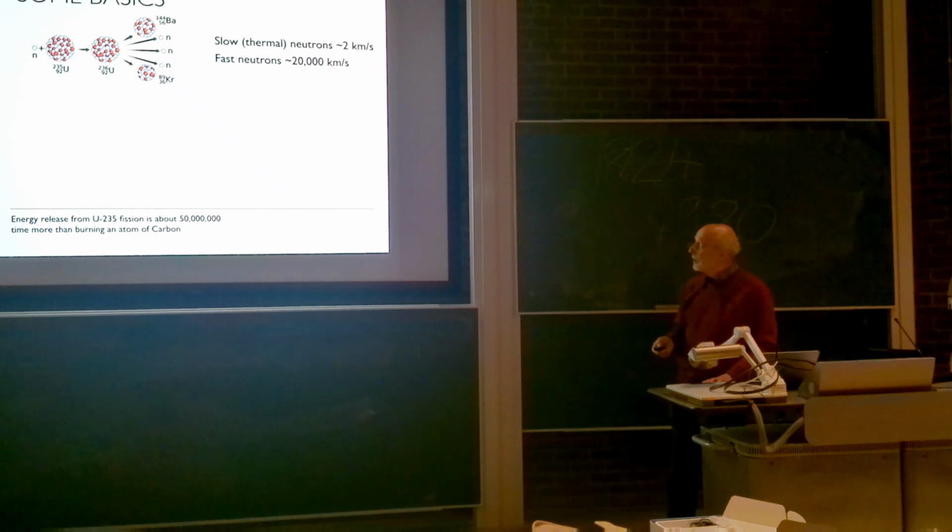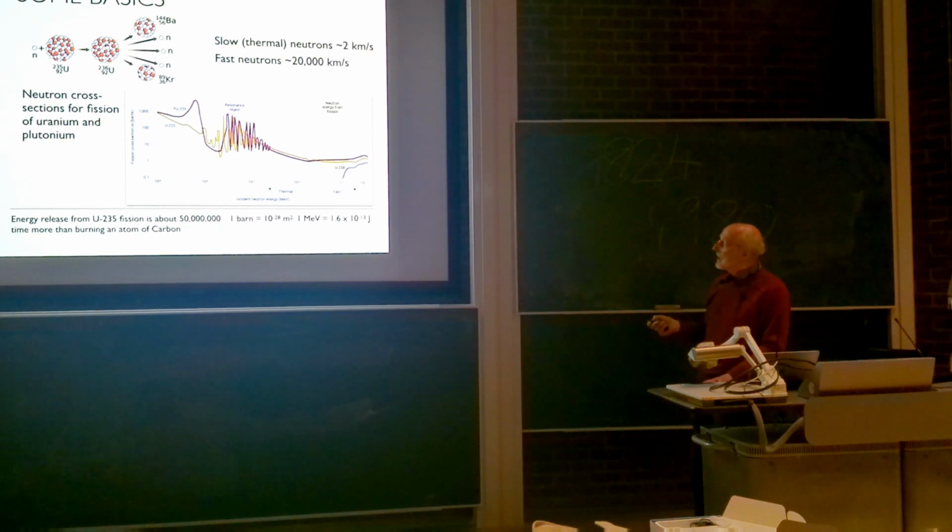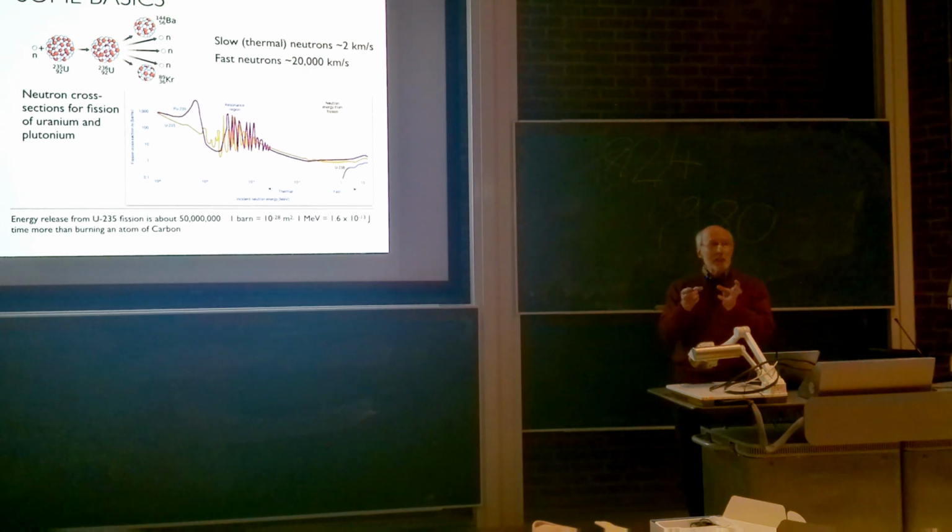Now, that's important because if you look at what's called the neutron cross-section for these nuclei, that's, if you like, the probability that they will capture a neutron.